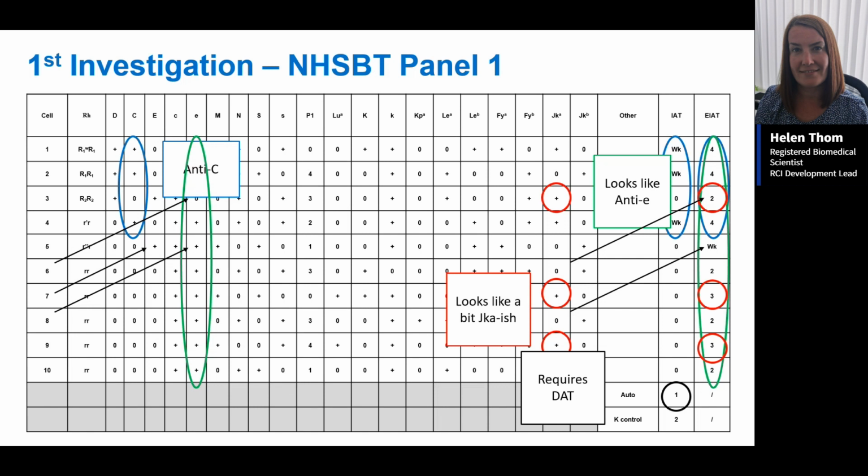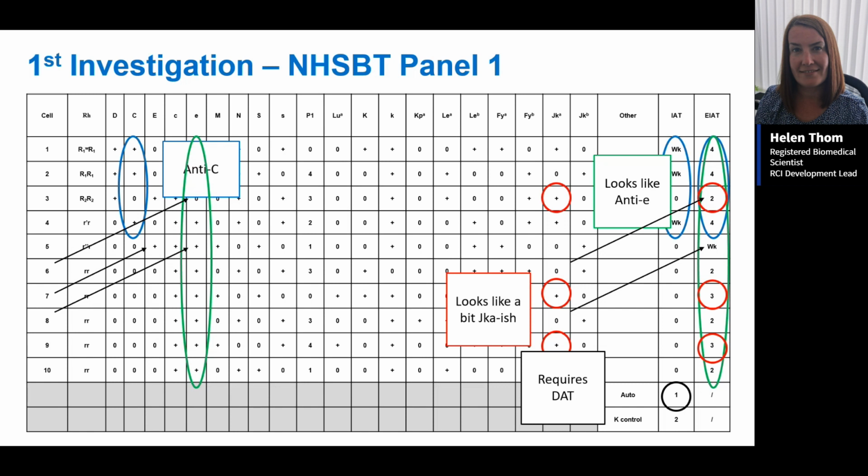And for those of you who've been to my talks before, I've got a weird obsession with Kidd antibodies. So I remember looking at this and going, oh, it looks a bit Jka-ish. That is my official terminology, which I'm sure other people use as well. But I couldn't actually confirm it was a Jka because we didn't have enough positive and negative examples.